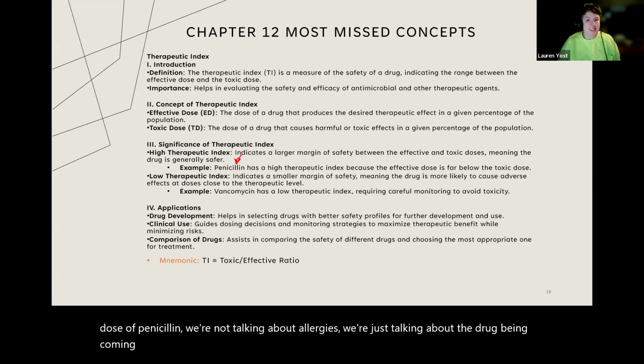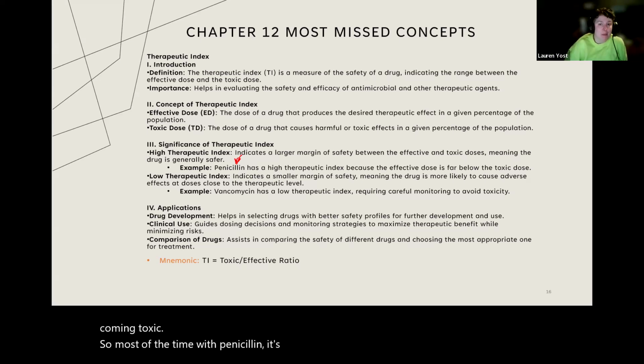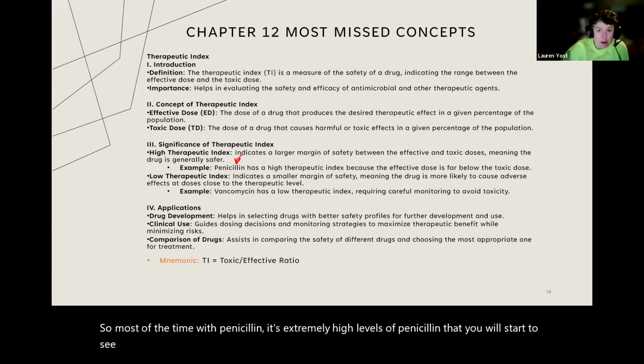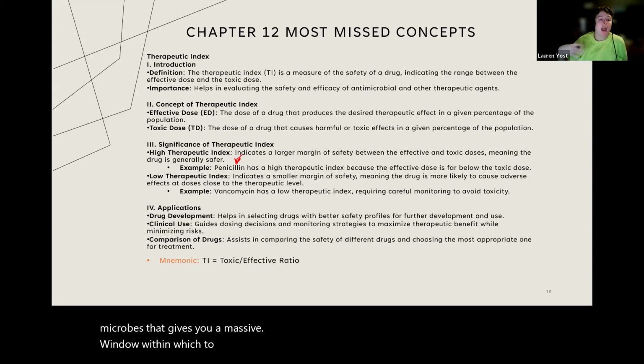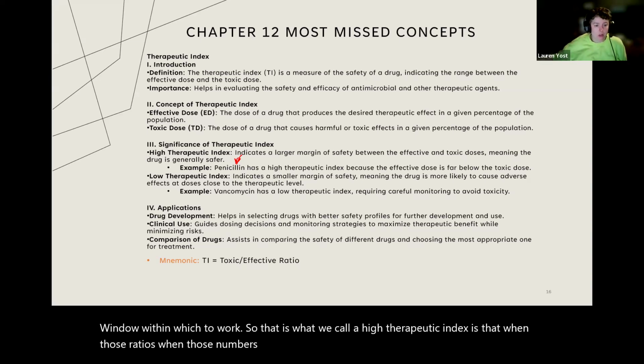So most of the time with penicillin, it's extremely high levels of penicillin that you will start to see toxicity. But it doesn't take very much penicillin, very low levels that'll be effective against microbes. That gives you a massive window within which to work. And so that is what we call a high therapeutic index. That's when those ratios, those numbers, are very far apart from one another.